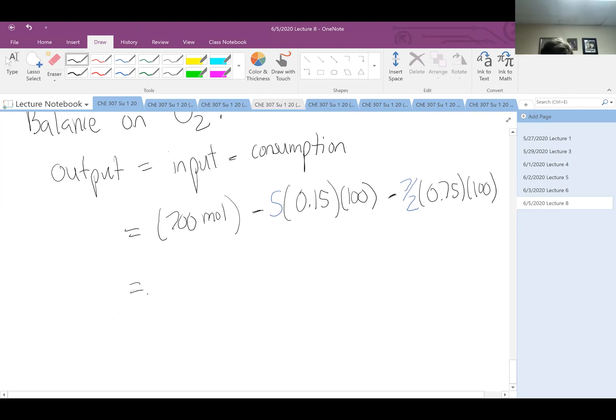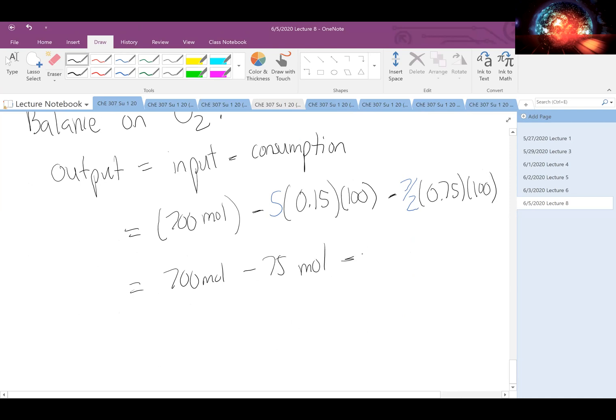This tells me my output is 700 moles minus 15 times 5, which is 75 moles, minus 3.5 times 75, or 262.5. Which should give me about 362.5 moles of O2 leaving my process.